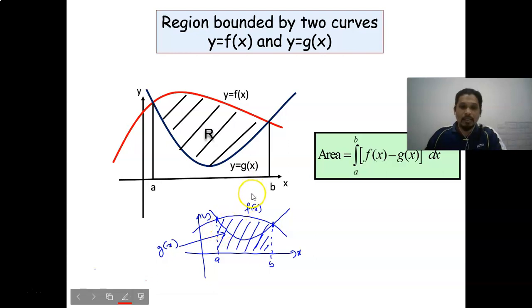And then minus g(x). The integral of g(x) also gives us the area between the curve and the x-axis.